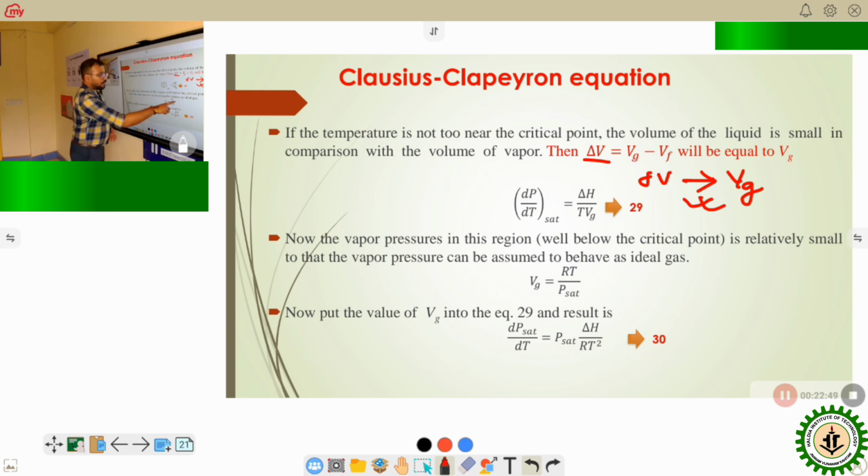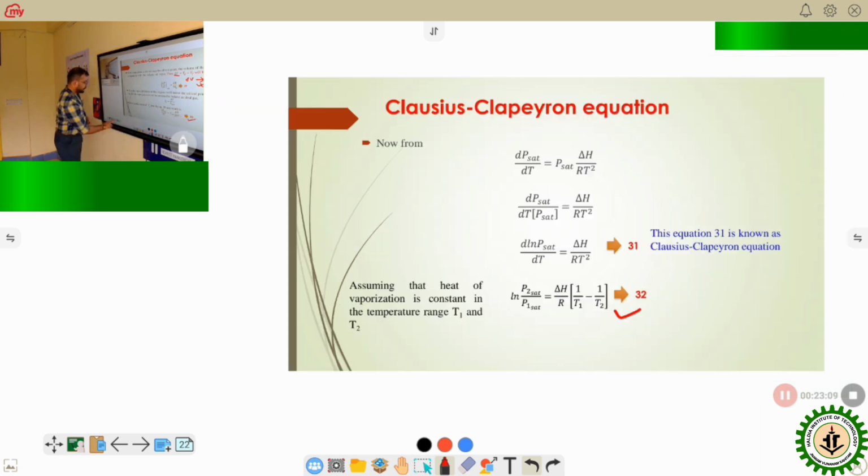If we replace that Vg in equation number 29, then we get delta P by delta T at saturated condition equals P saturation multiplied by delta H by RT squared, which gives equation number 30.